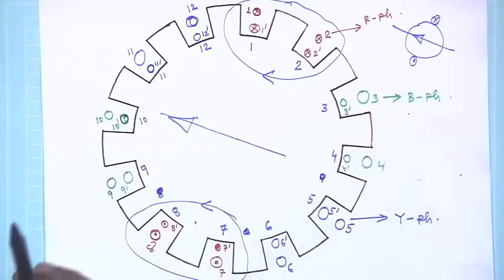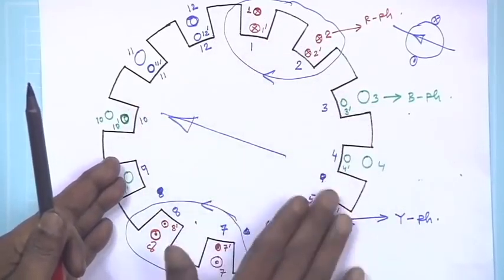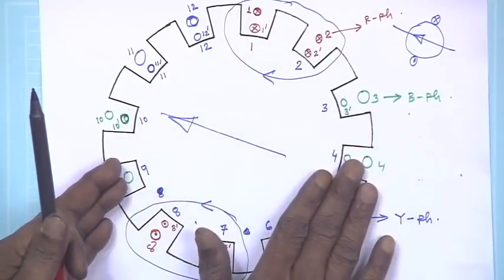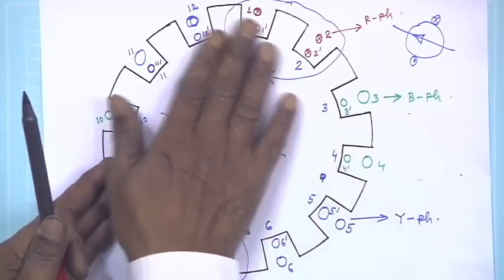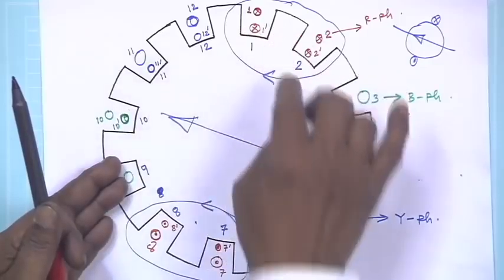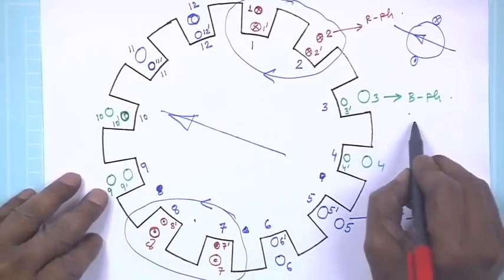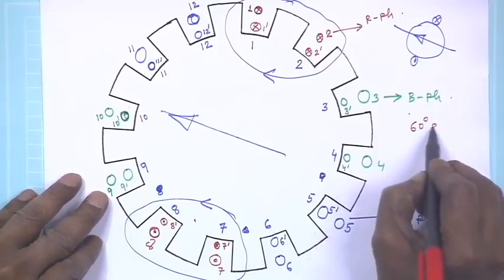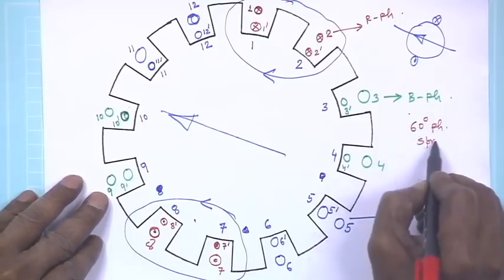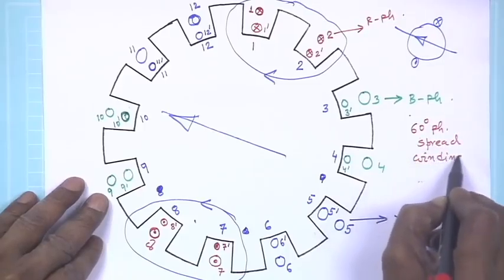It is very tempting to draw R, Y, B first, but no, it actually comes as B negative. But whatever it is, 180 degrees is shared equally by all the 3 phases, and that is why this type of winding is called 60 degree phase spread winding.